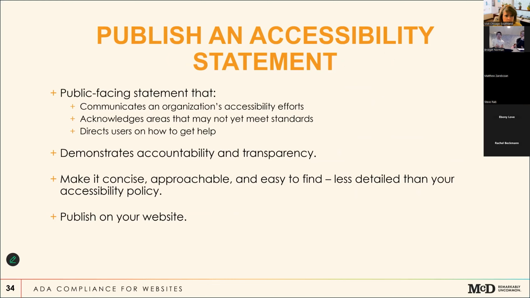If you do run into any barriers, please reach out to us. Those good faith efforts really do go a long way, especially within the disability community, but also if you're encountering a lawsuit as well. Yeah. And it directs users how to get that help. So again, it demonstrates accountability and transparency. Make it concise. It doesn't need to be a really long landing page or anything like that. Just a short paragraph works, and publish it on your website.